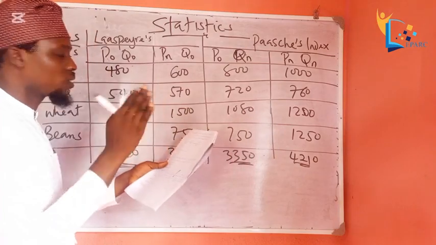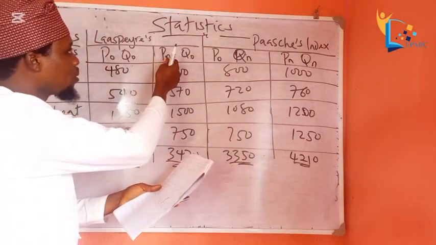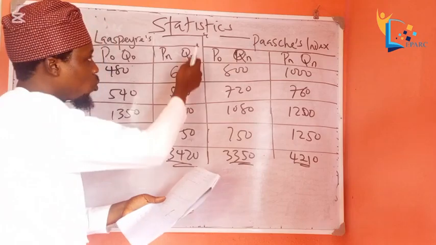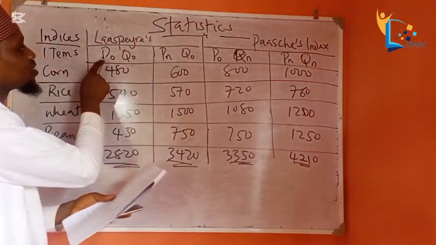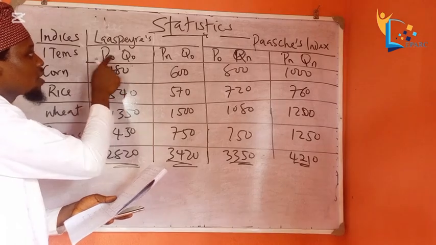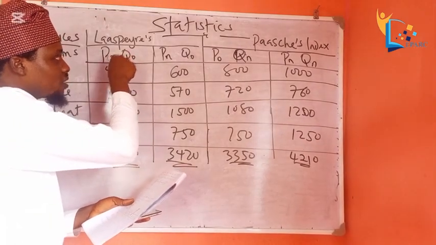Let me come again. This is how you do it. N stands for current year. O stands for base year. So now, PO is telling us base price. QO is telling us base quantity.